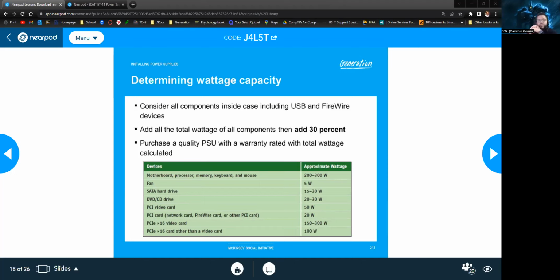So in other words, you will never go wrong by having more wattage availability than less, right? Here's what I would say about that. You don't want to go too crazy above, because that extra wattage comes at a cost. You're using more power.